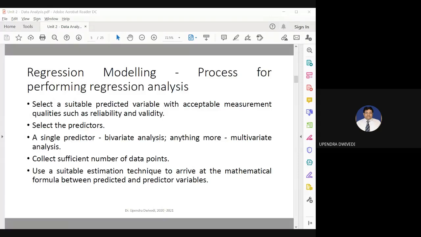Sometimes it is also possible that your predicted variable can be a predictor variable for another problem, or your predictor variable can be a predicted variable for another problem. But whatever predicted variable you select, suppose we have selected house price prediction, so we are selecting house price forecasting.